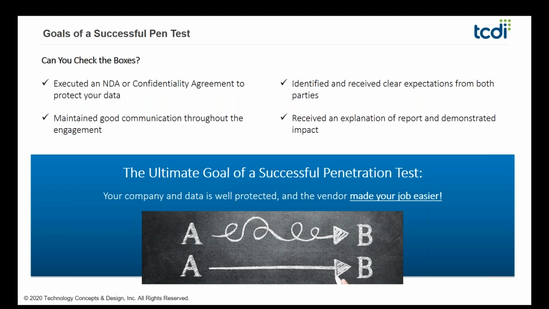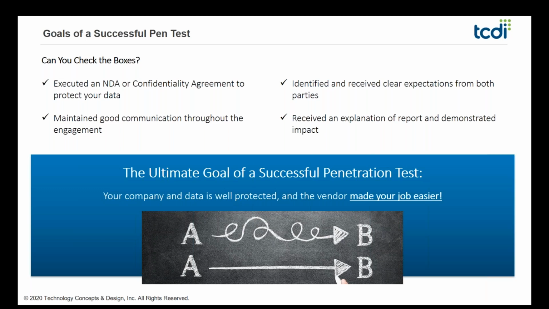When you're engaging a vendor, you want to make sure that they tell you, okay, we are going to be performing these types of tests. We are going to be performing tests to the point of exploitation, but excluding denial of service and memory corruption and buffer corruption, things that may cause permanent damage. Just some examples.